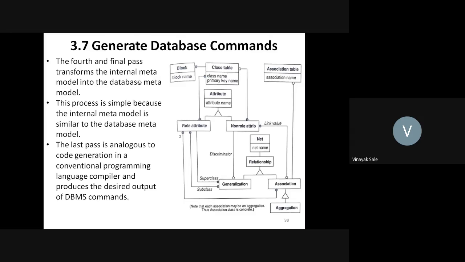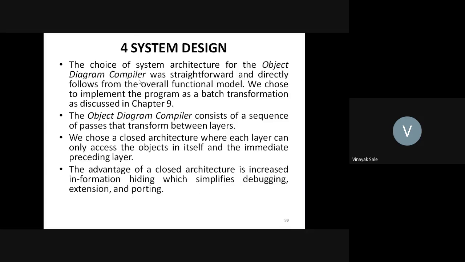Then next part, after analysis, there is system design. First, you have selected the background of the project, then the problem statement, then we have done analysis, then system design.